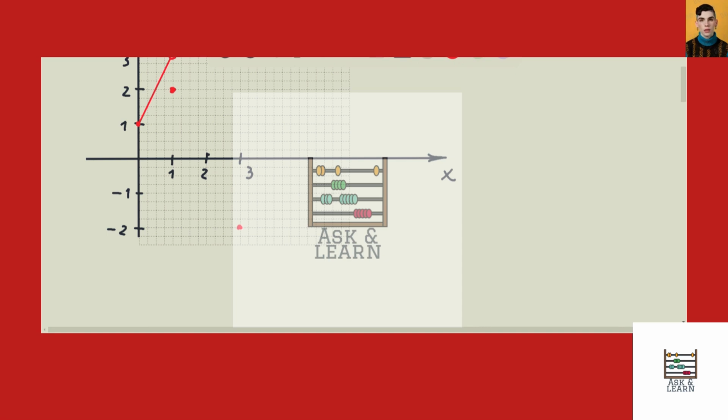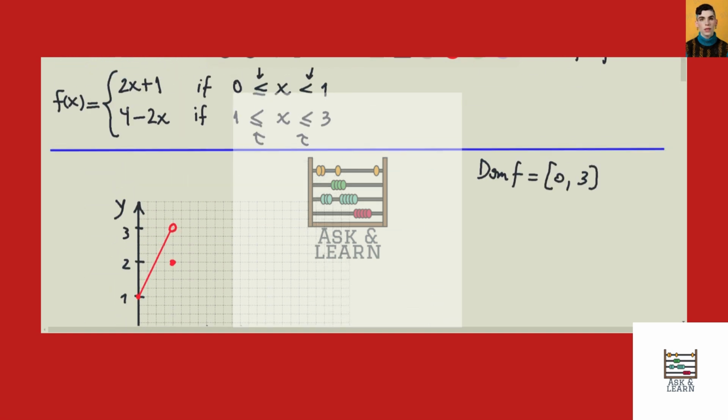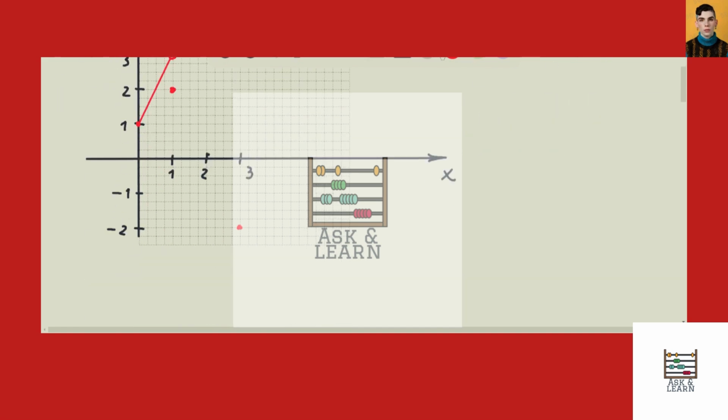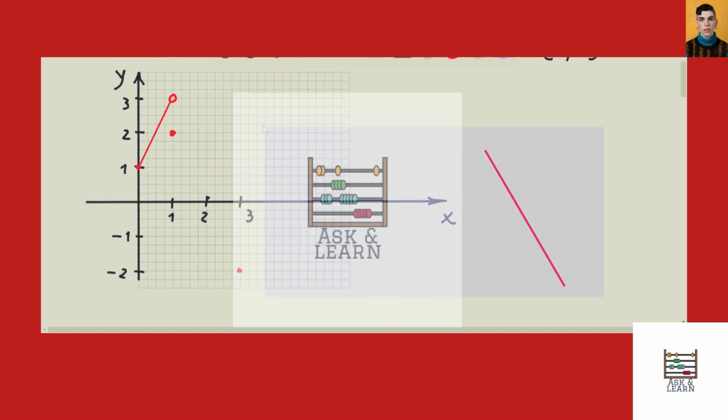We have to join the two points, and we see that we cross the x-axis at 2, because at x equal 2, we get 0. So we draw a line, something like this, and fit it better.